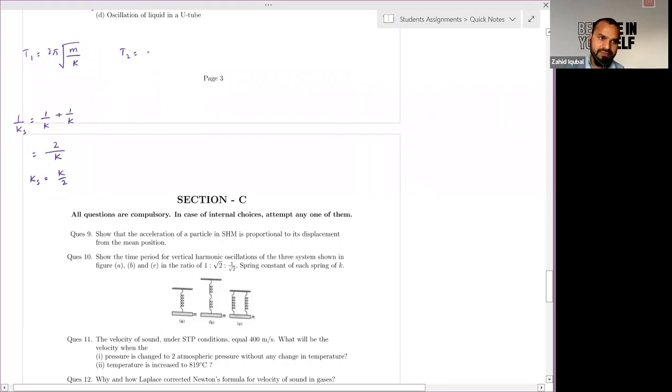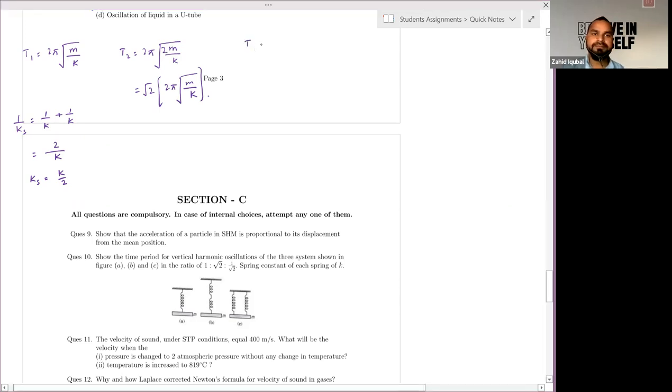If you substitute this value, you will get 2 pi root under m by k, and for k we have k by 2. Now if you take this root 2 outside of this relation, you may write it as root 2 times 2 pi root under m by k.